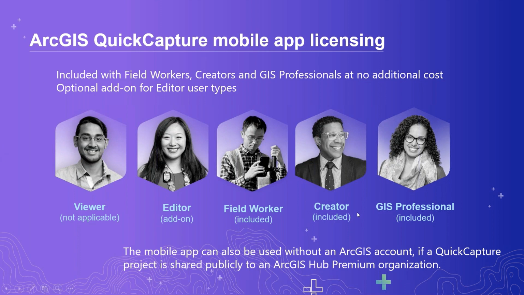The application is included with field workers and above user types, that is with creators and GIS professionals as well. You can also optionally buy it as an add-on on top of an editor user type. If you have ArcGIS Hub Premium, you can also use this application without a named user account.